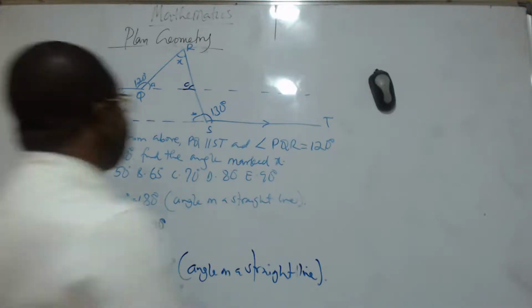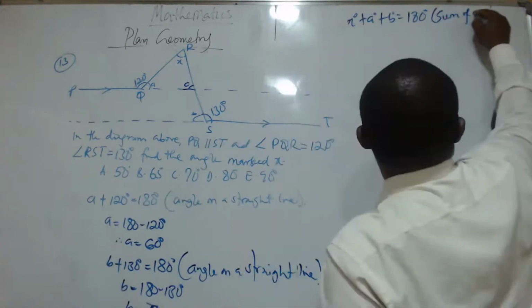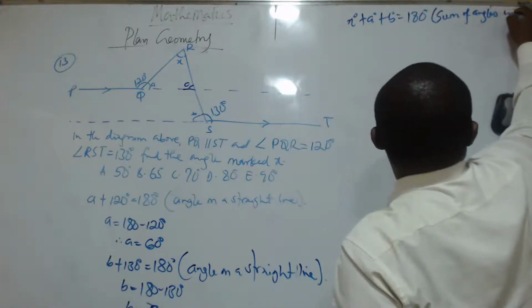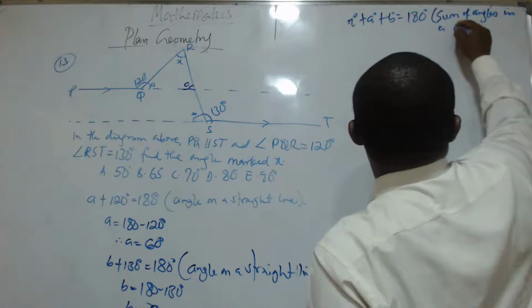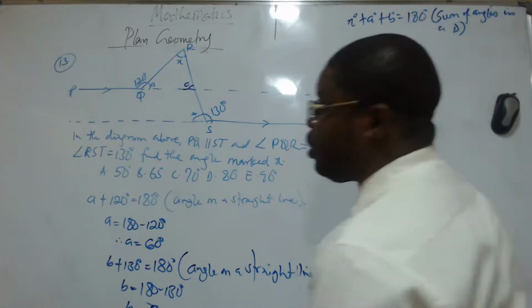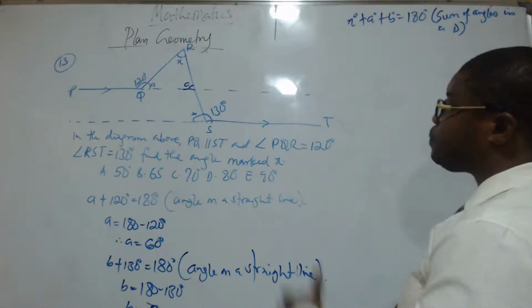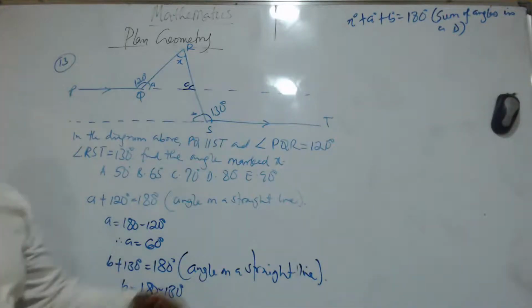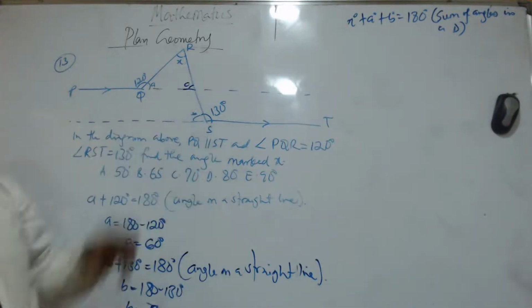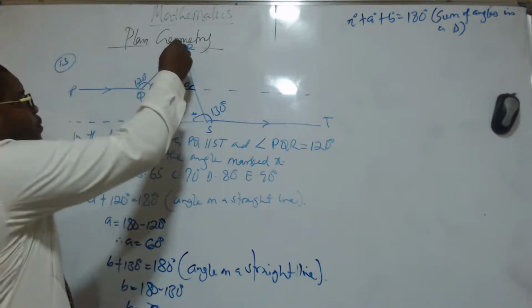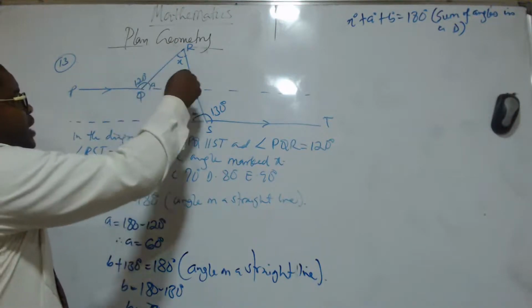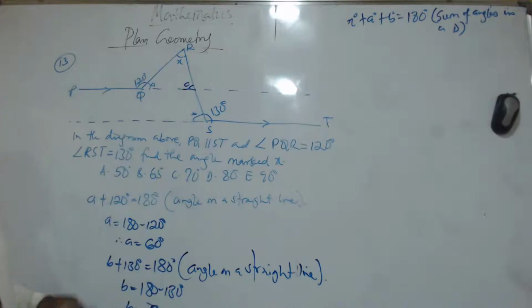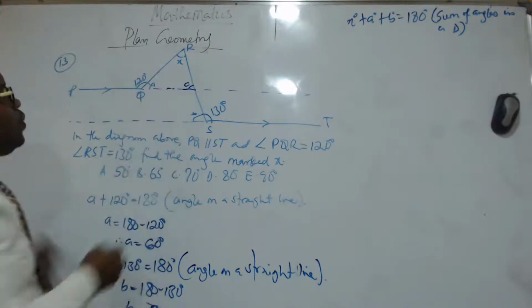Now, if that's the case, we're going to apply sum of angles in a triangle is 180 degree. How do we get the triangle? If you join this side, this side, and this side, it will form a triangle, right?